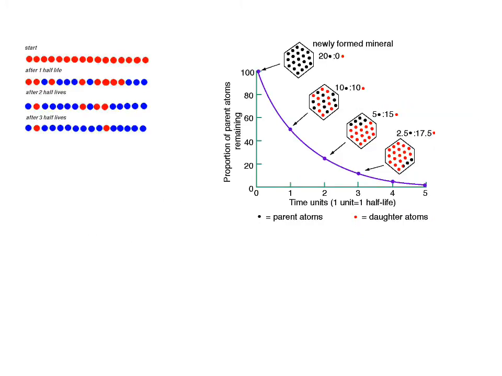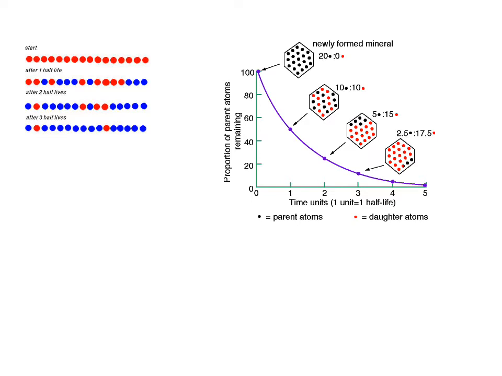And here's a graph that shows radioactive decay using half-lives. Looking at this graph on the right, we start out with a number of darker elements, and it has a certain half-life, and about half of the darker elements are gone, and we have red ones.